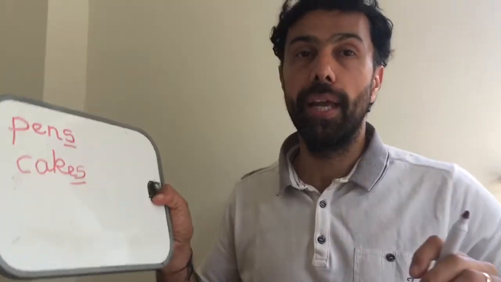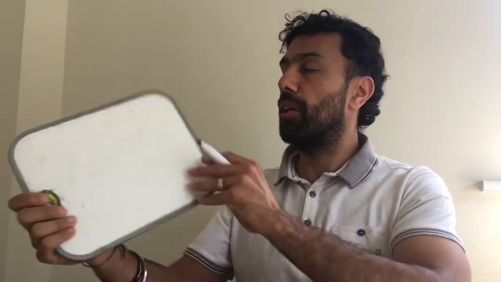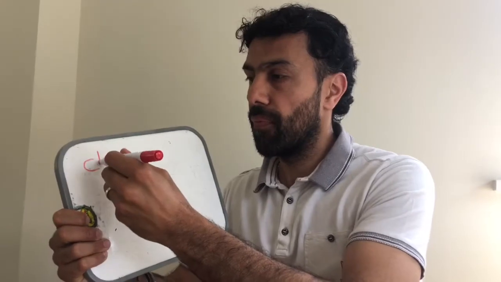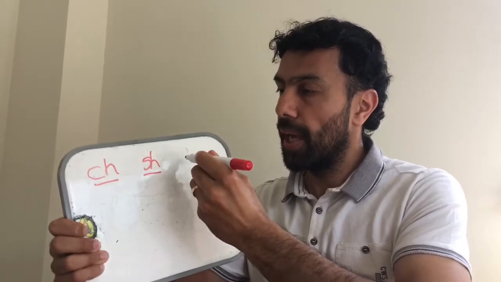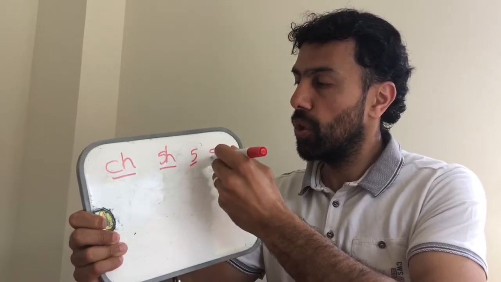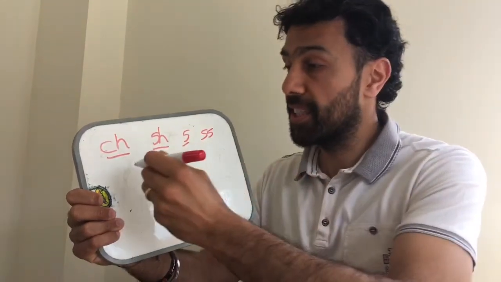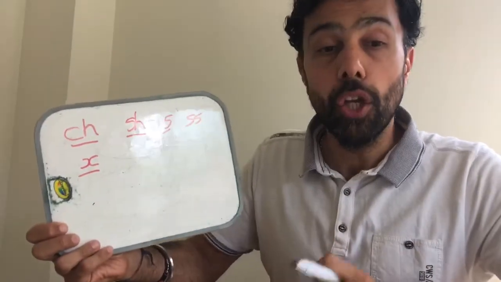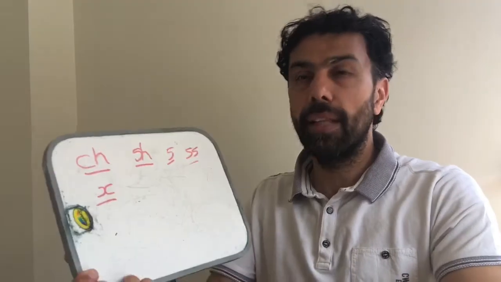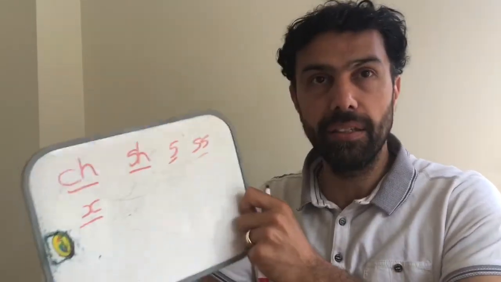However, if a word ends in CH, SH, S, two S's, or with an X, then what would happen here is you would add ES at the end. Okay, let's have a look at some words that have these at the end.